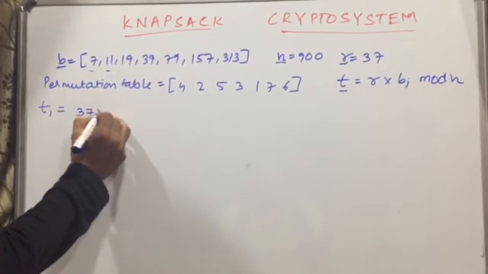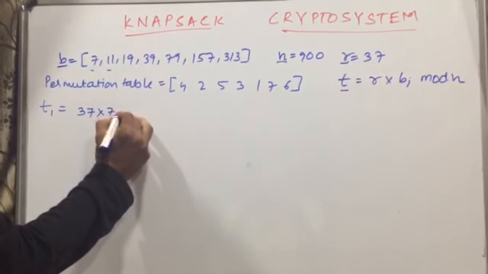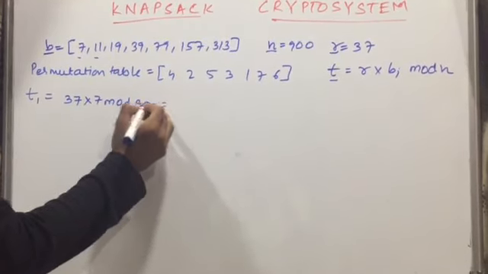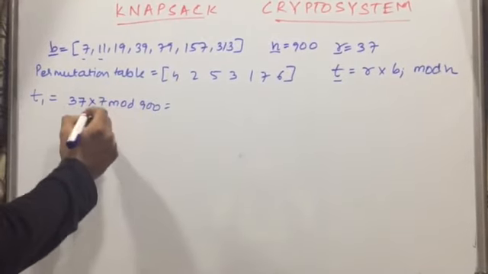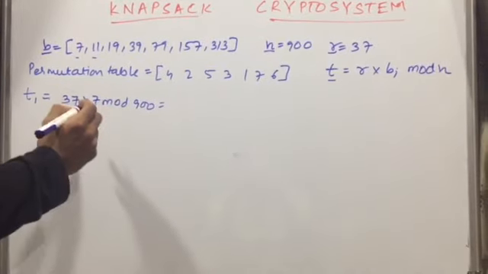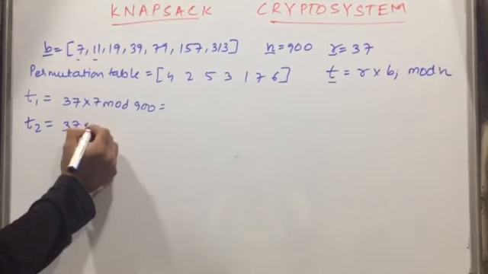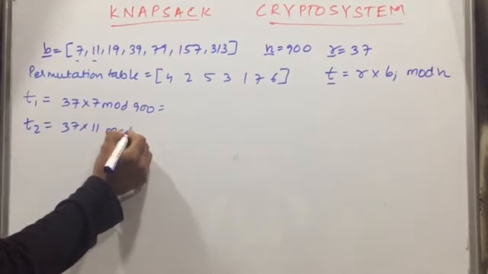37 into 7 mod 900. So 37 into 7 mod 900. For T2 it will be 37 into 11 mod 900.